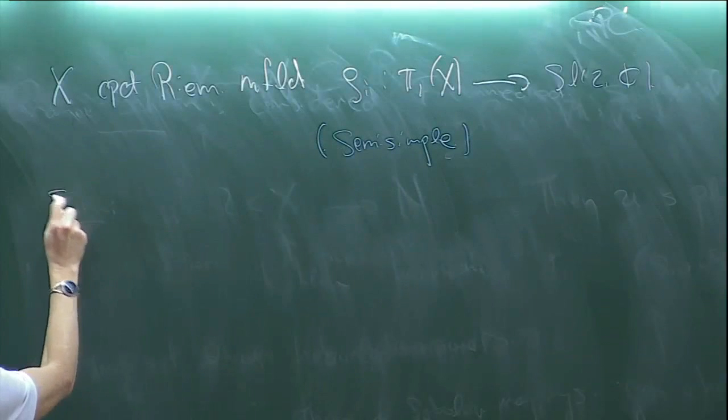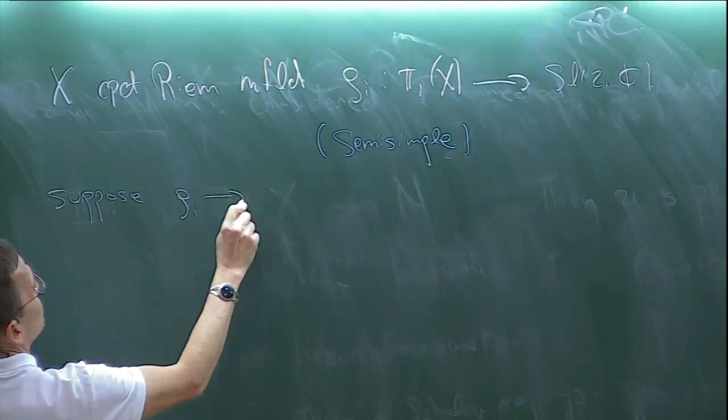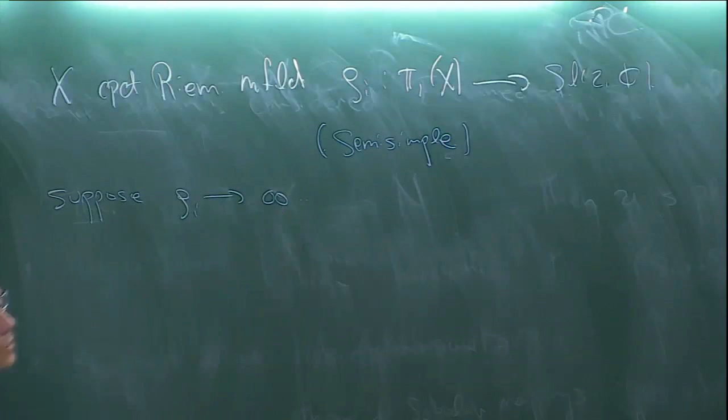And suppose that rho i goes to infinity. So in other words, there's no way to, by conjugation, make these converge to a representation.